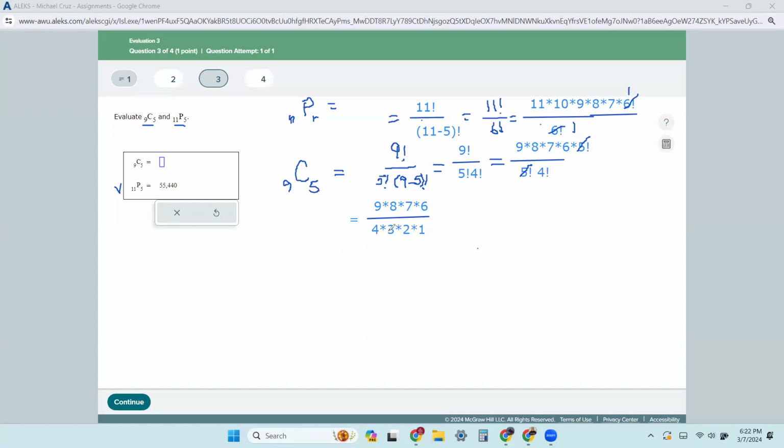So we can take these out any way we like. 6 is right here. 4 goes into 8 twice.